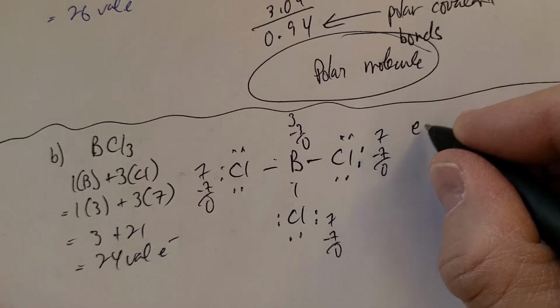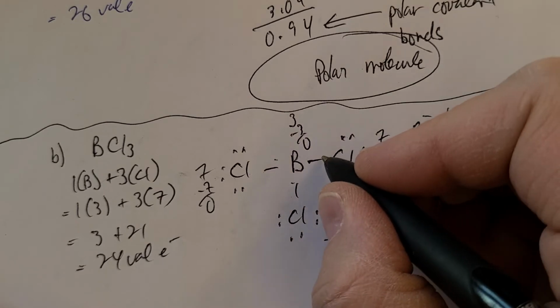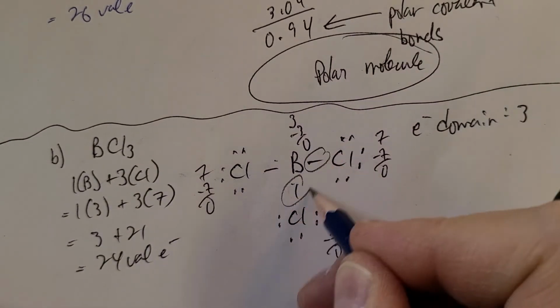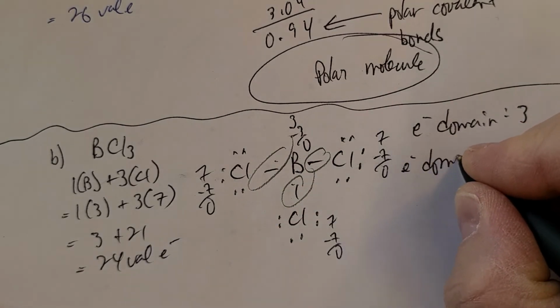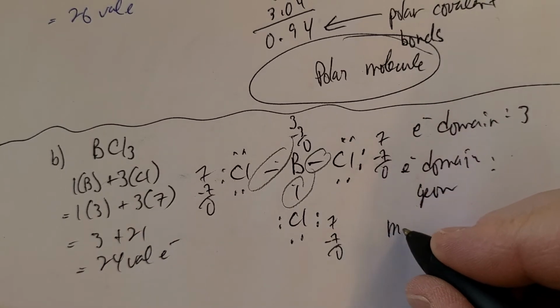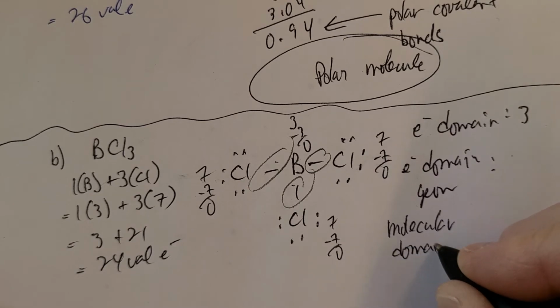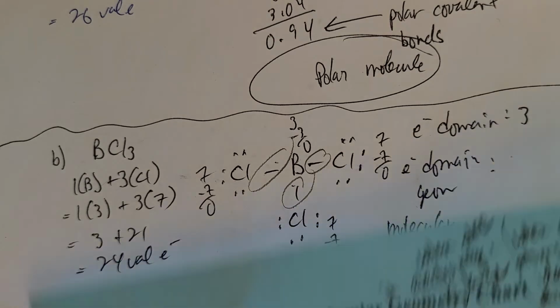So electron domains, we have 3 of them, the 3 areas around boron, 1, 2, 3. So electron domain geometry and molecular geometry.